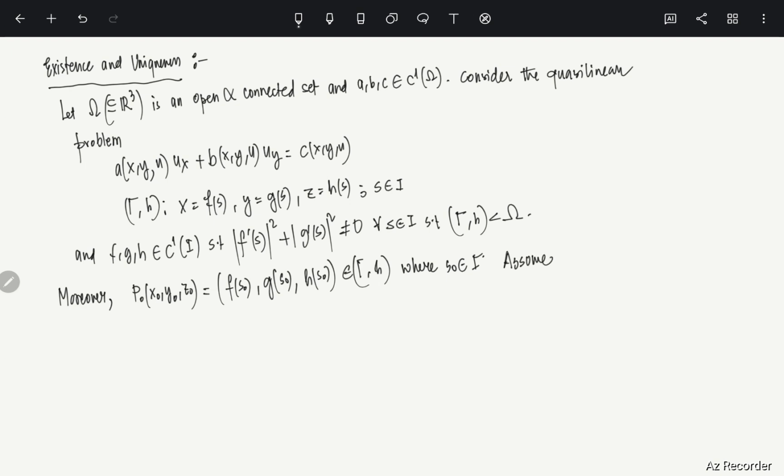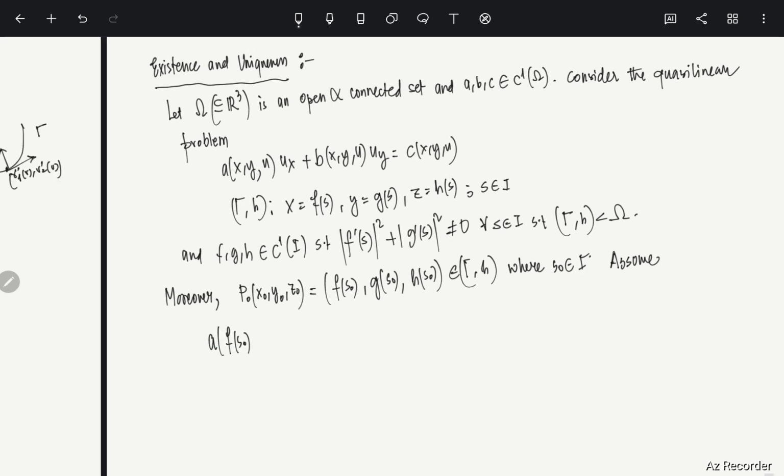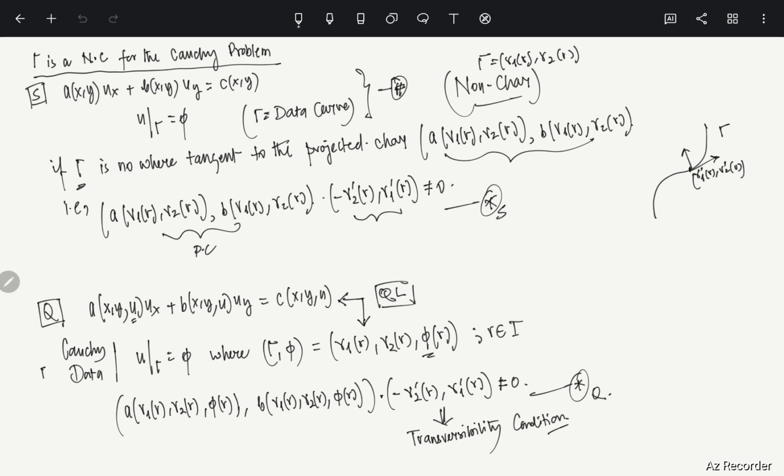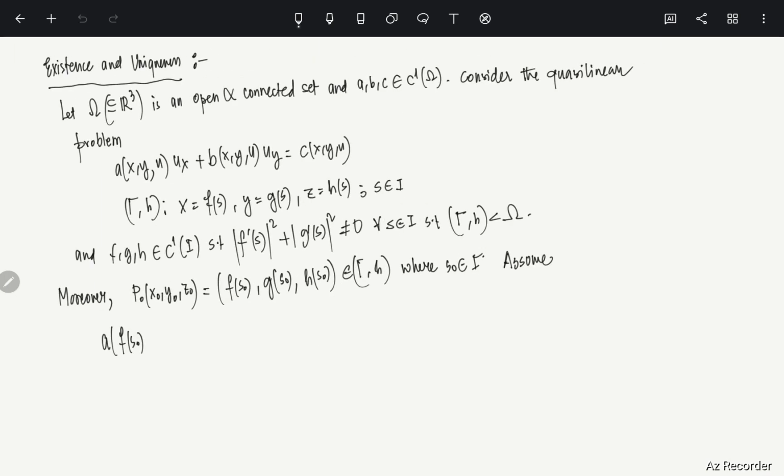Assume that this condition holds: a of f of s naught, g of s naught and h of s naught, times g prime of s naught, so you see this times this essentially, and this times this, minus b of f of s naught, g of s naught, h of s naught, dot f prime of s naught. So I am changing the notation a little bit. Here I used gamma 1, gamma 2 and phi, here I am using f, g and h.